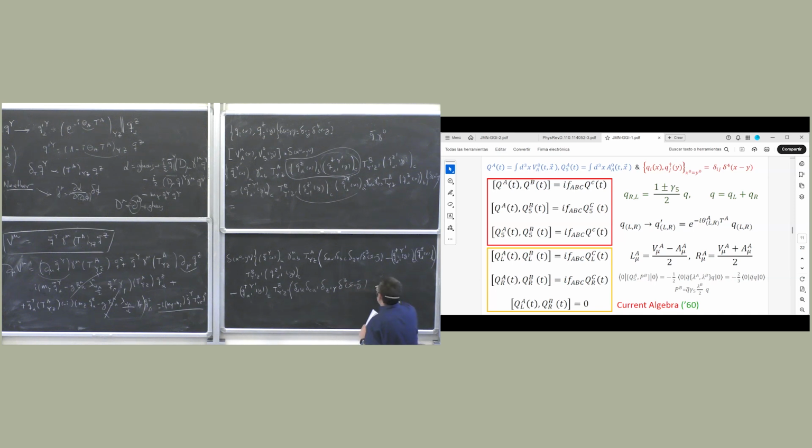Then minus q dagger y alpha x a prime q alpha prime z prime y index c.